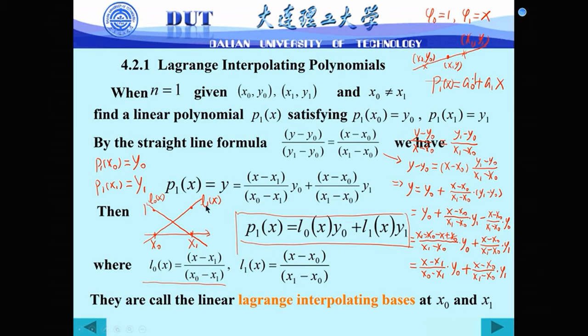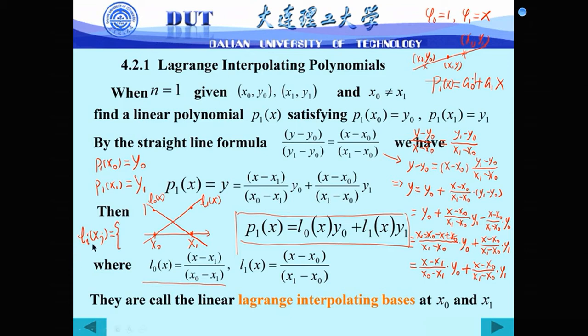But for L1, its function value is 1. So I can write these properties by this formula. That means Li at xj has function value equal to the two cases.